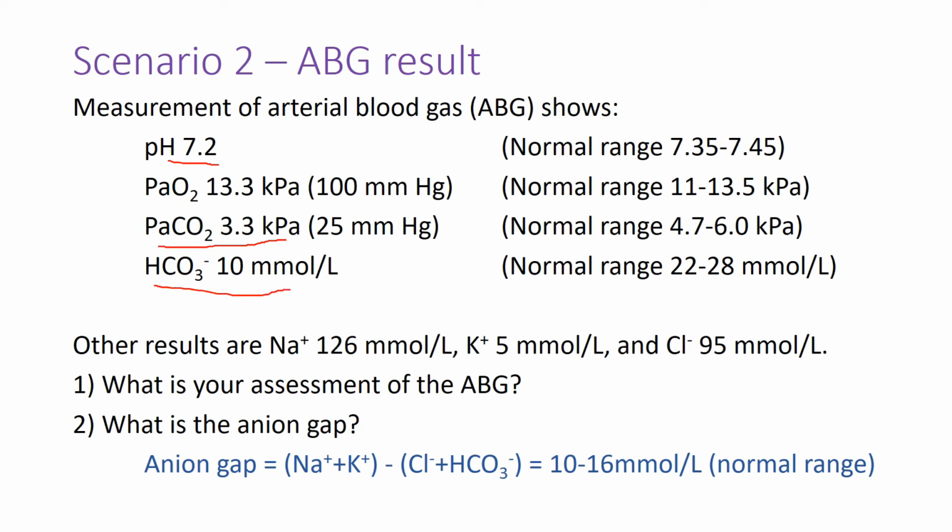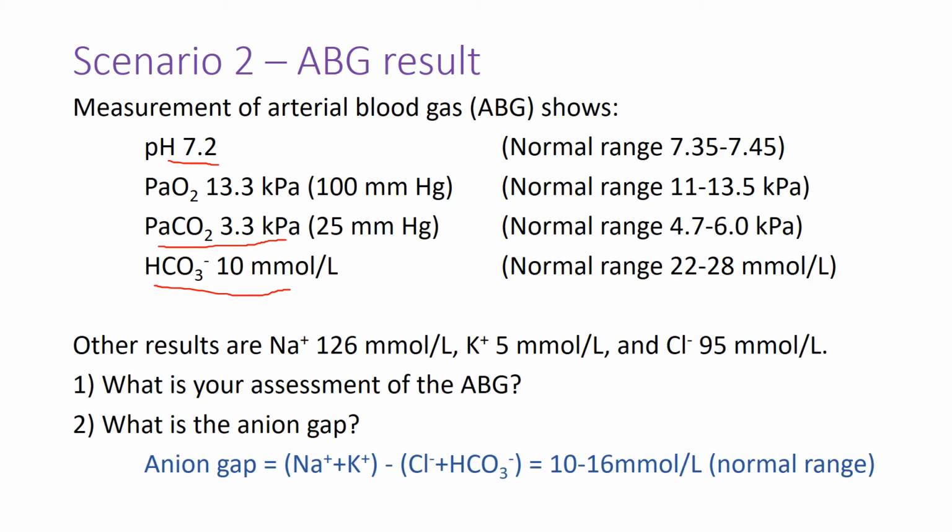It's a metabolic acidosis because the bicarbonate has dropped. So what's happening is that the respiratory system is compensating for this metabolic acidosis. Remember from the scenario that the young boy had Kussmaul breathing, so it was deep and slow, hypoventilating, trying to reduce the amount of carbon dioxide blown off.